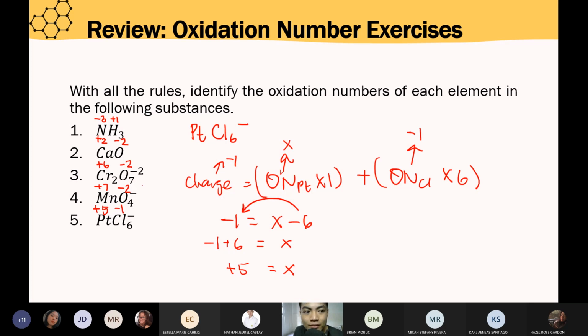Okay? So I hope you got this part, no? Kasi in redox reaction, this is actually the easiest part. Yan. By the way, you can start answering the practice quiz once na matapos tayo dito. Okay? You can do it, I think, 2 times. 3 times. Yeah. And lalabas yung sagot doon.